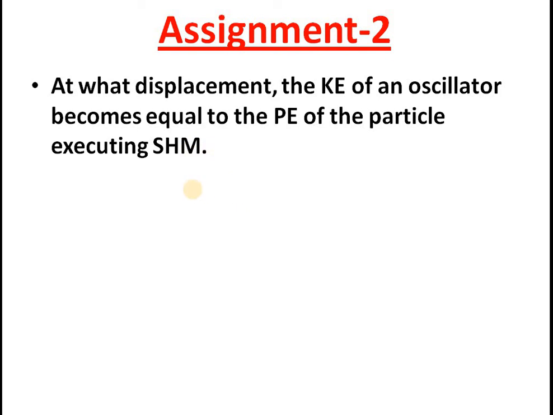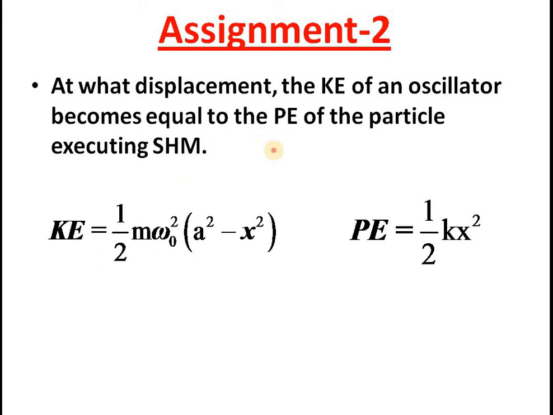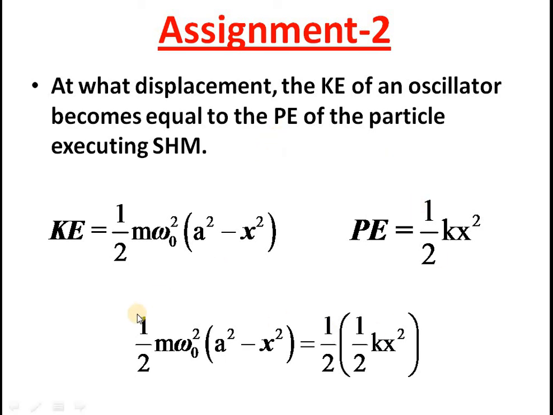And the question is asking at what point this will happen. Whenever it happens, this equation should be satisfied. Okay, so that point can be easily found by solving this equation. You find out that point. Okay, so you can do both questions, I am sure, and submit in the Google Classroom.